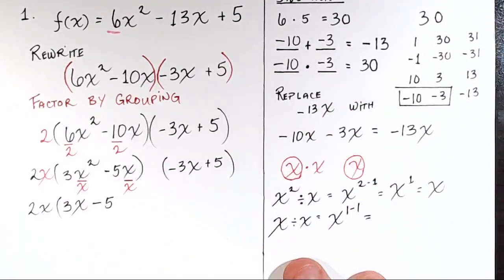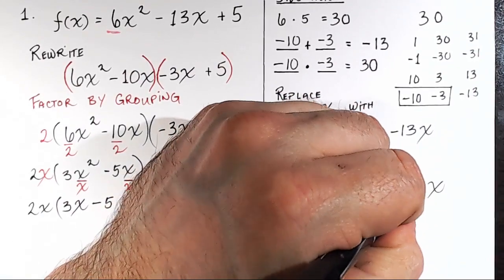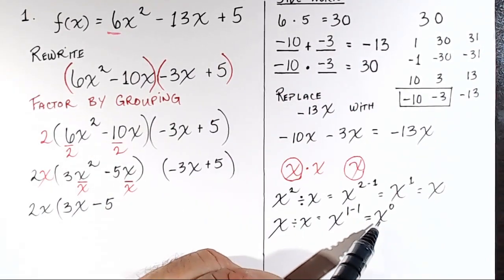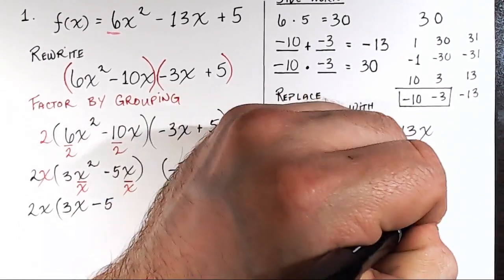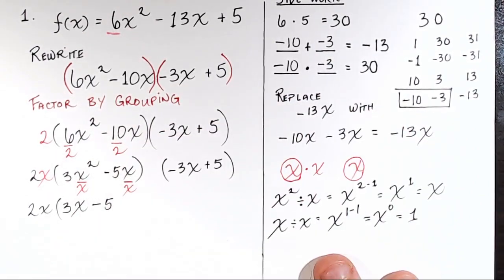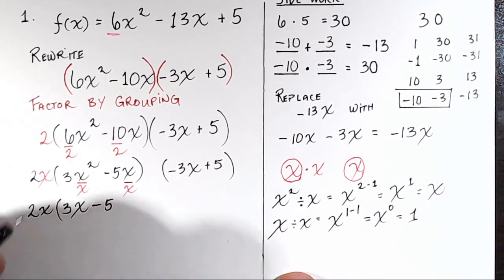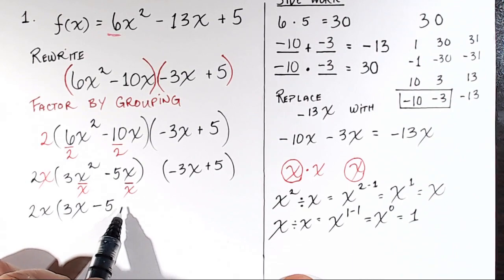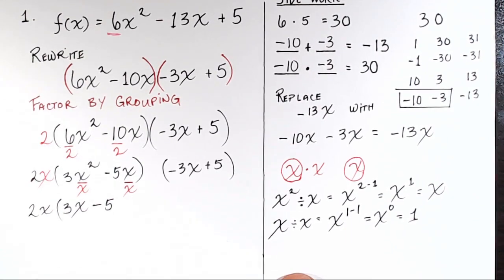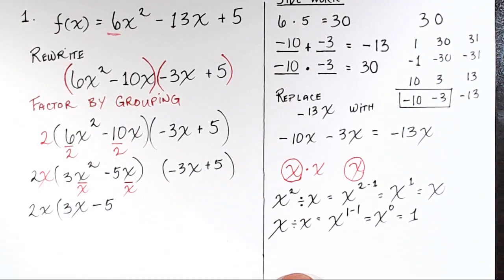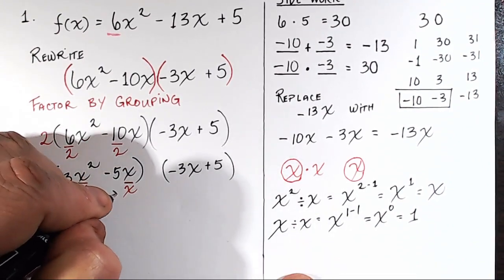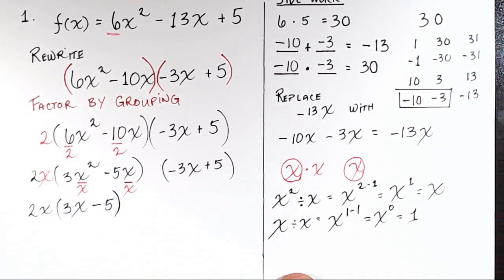Okay, and x to the 1 minus 1 is x to the 0th power, and the 0 exponent rule says that anything raised to the 0th power is 1. So x divided by x is 1. So I could write a 1 there, or I could just leave it, because negative 5 times 1, it's kind of unnecessary to write it. So I'll just close the parentheses here.